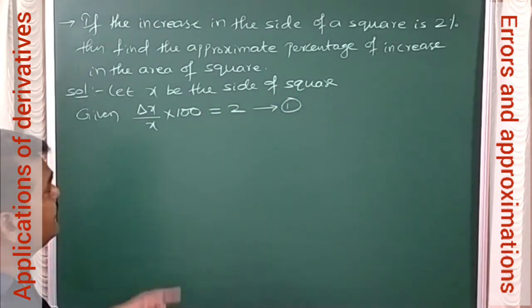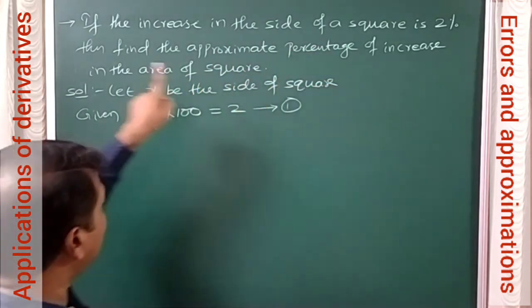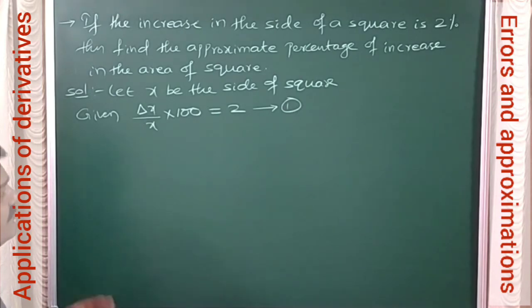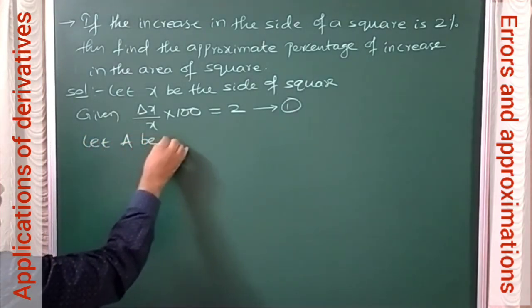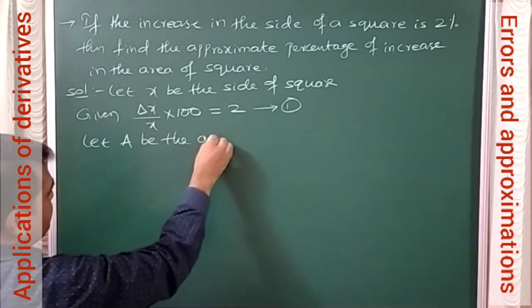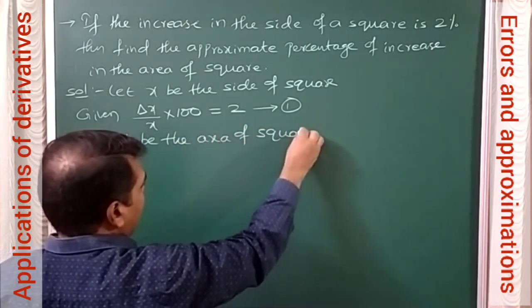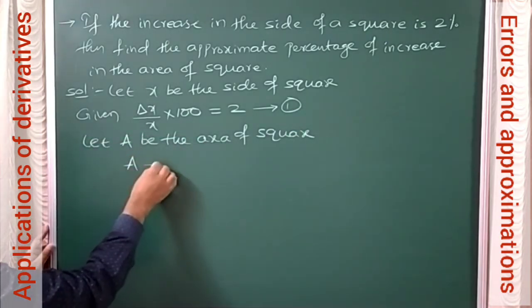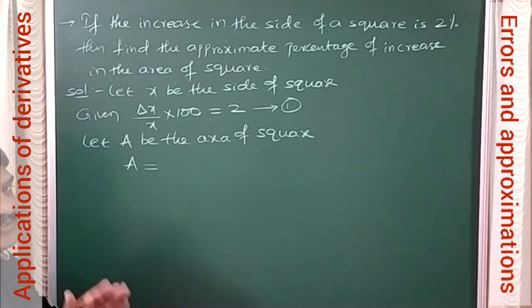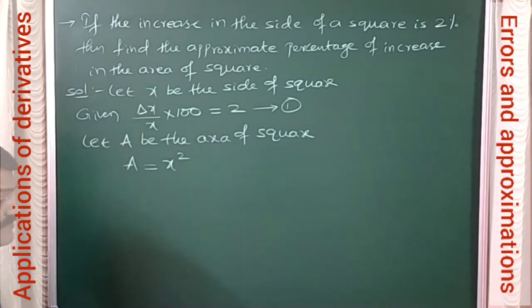Now what is being asked here is the approximate percentage of increase in area. Let A be the area of the square. We know that the area of the square is side into side. Side we have taken as x, therefore area is x square.